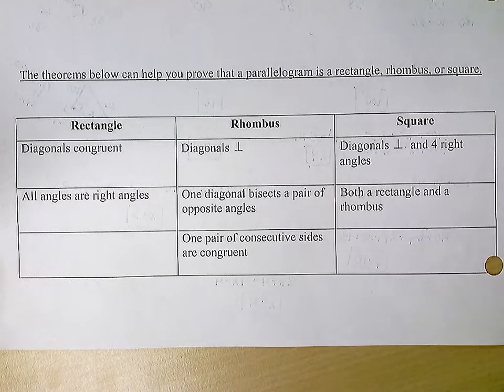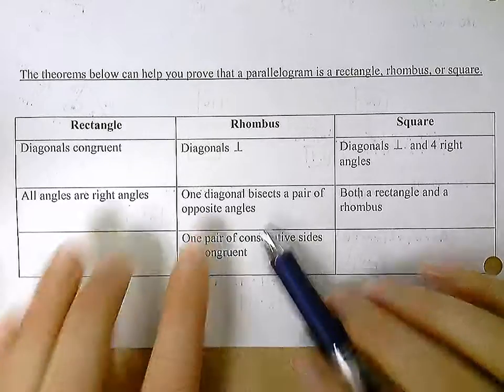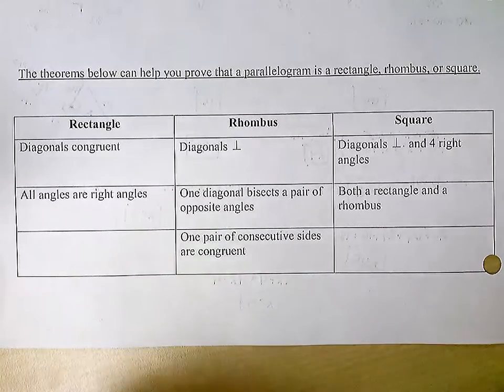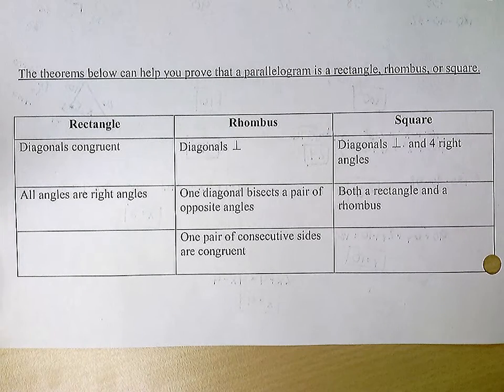One diagonal bisects a pair of opposite angles, and one pair of consecutive sides are congruent. And for a square, your diagonals are perpendicular and they have 4 right angles. And then it is both a rectangle and a rhombus. So just some of those properties listed there for you to look at.